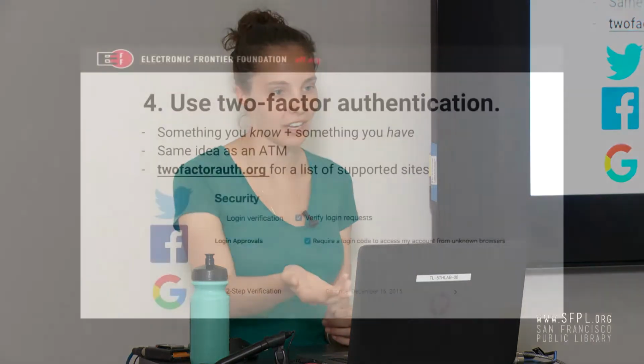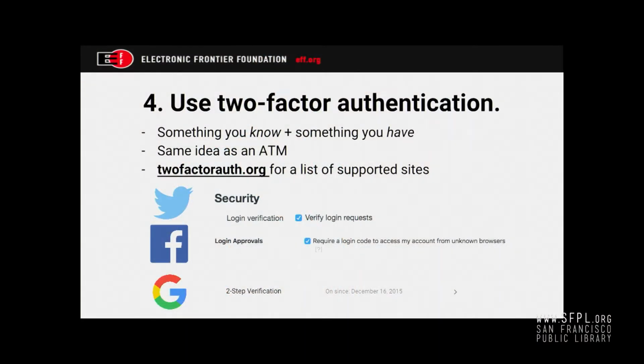You might have seen when I was logging in earlier before the session, I had to go through a two-factor authentication process to get into my Google Drive. So I put in my login information, I put in my password, and then it says, hey, we just texted you a code to your cell phone, which presumably only I have. Then I put that code in, and it lets me in.